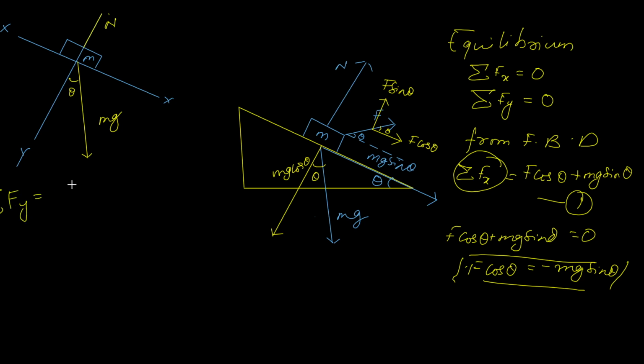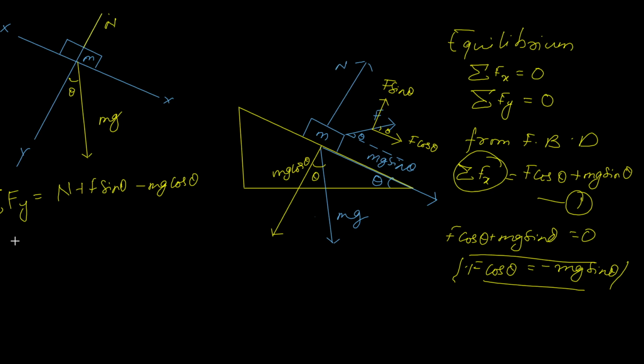I can see N and plus F sin theta in the same direction, so both are positive, and minus mg cos theta, which is in the negative y direction.